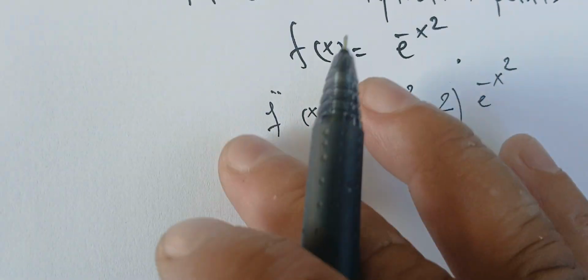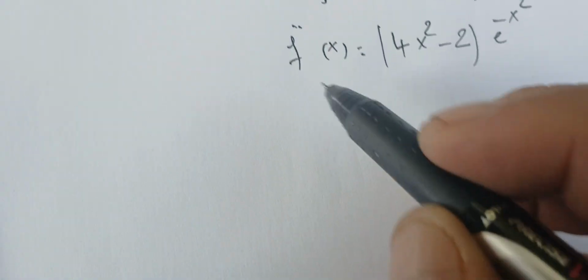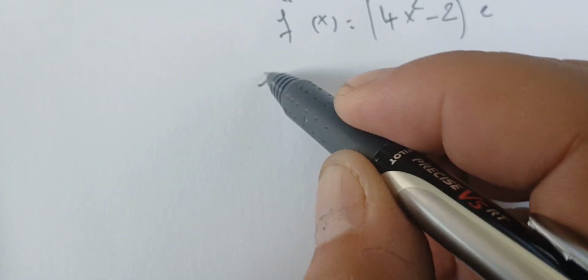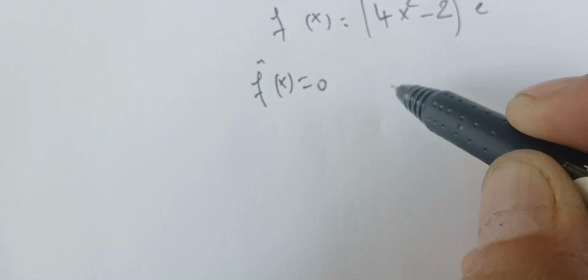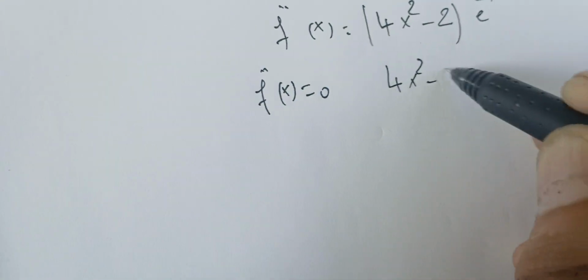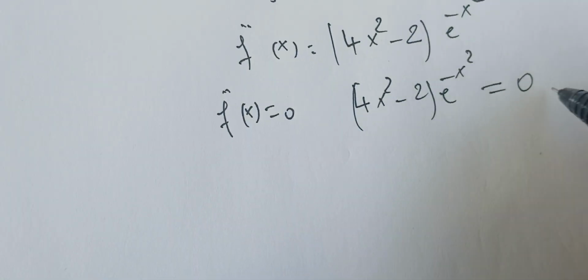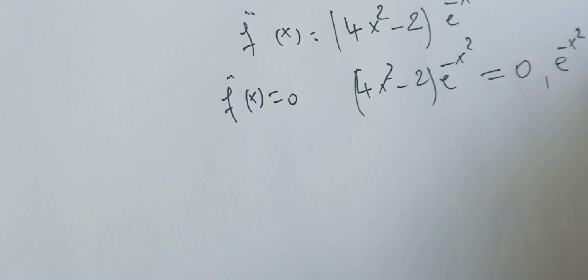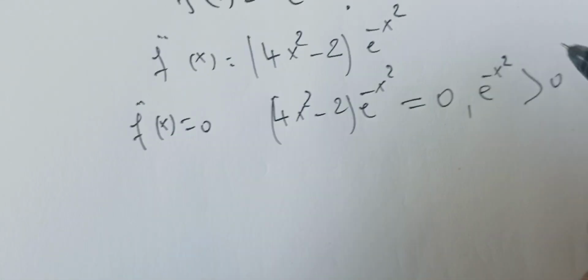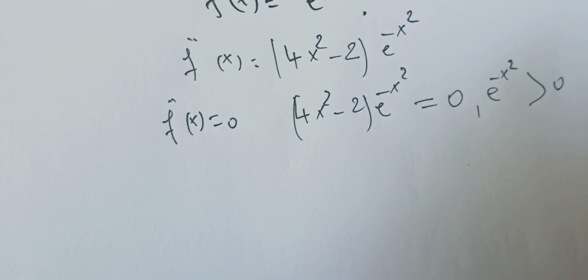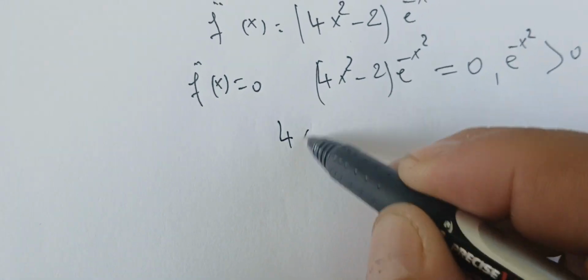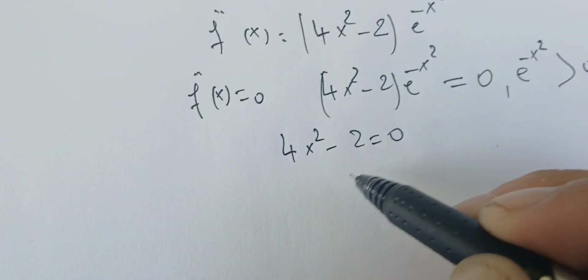So to do that, we solve. f second is 0 means that 4x squared minus 2 times e to minus x squared is 0. But we know that e to minus x squared is never 0 for all x's in R. Therefore we have to solve 4x squared minus 2 is 0.